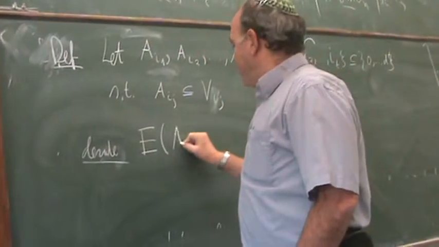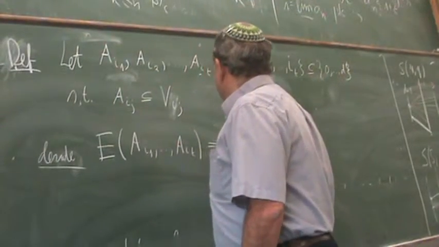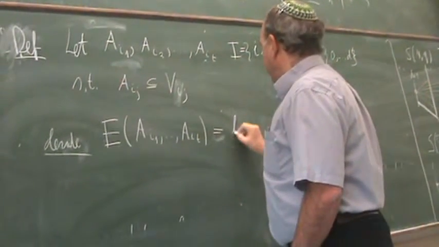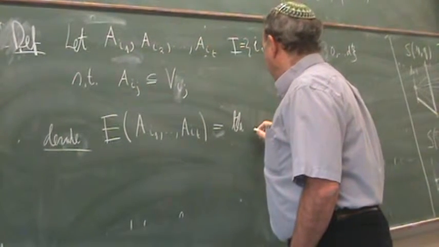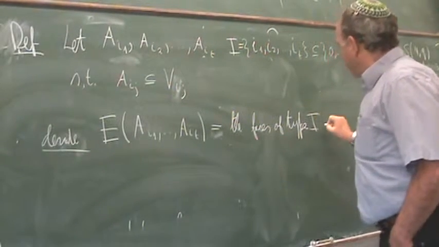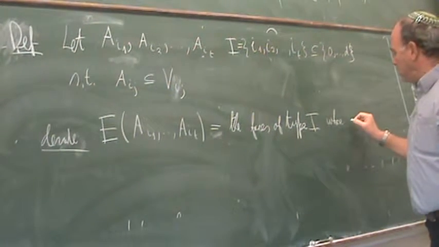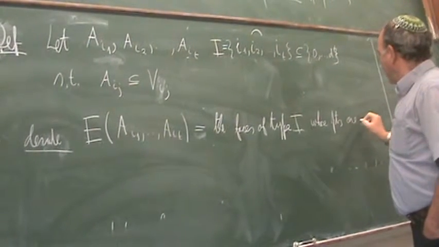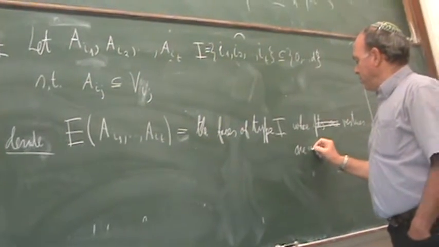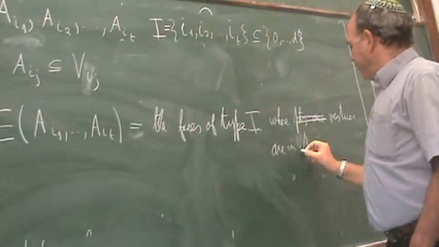And I want to evaluate the number E of A_{i1} up to A_{it}. Let's call this I. This is the set of faces of type I. I want to count the faces of type I whose vertices are in the A_{ij}, the union of them.